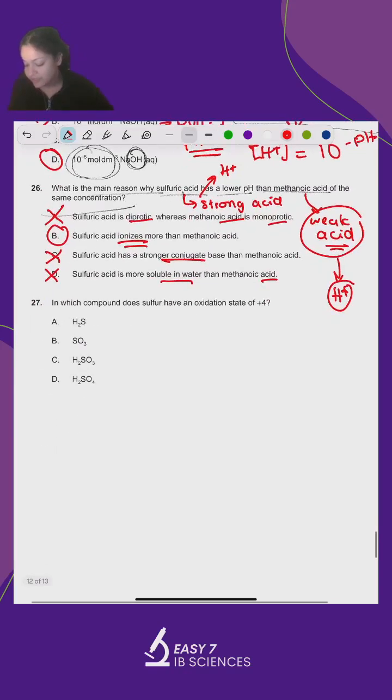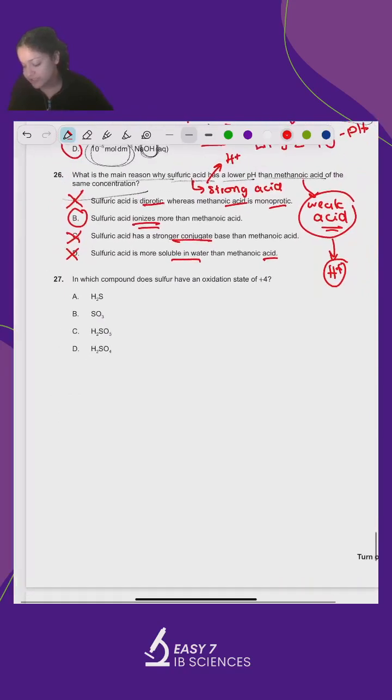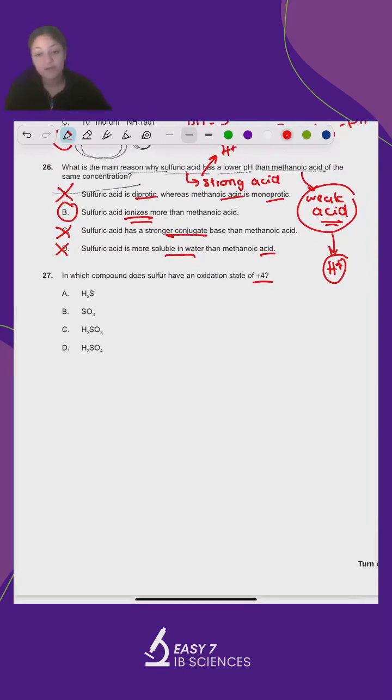Okay? In which compound does sulfur have an oxidation state of +4? So here, to calculate the oxidation states, if you guys remember the formula I taught you, remember that hydrogen is always +1. So let's look at the oxidation state here. If we have 2 times +1 for the hydrogen, that means that this will be +2 and the sulfur will be -2 to make sure that the whole molecule is neutral.